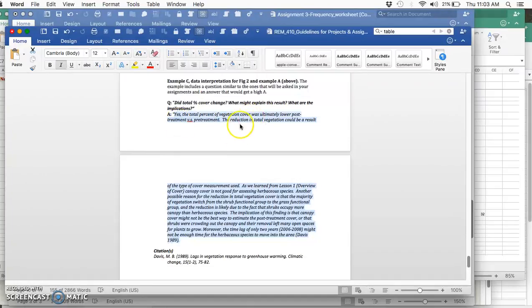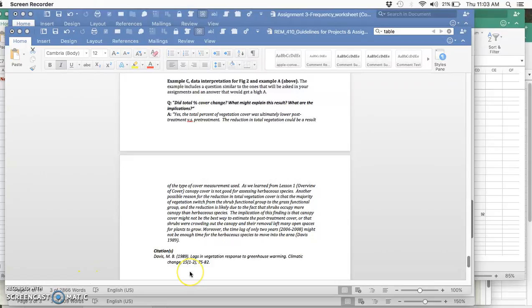It talks about what the results meant, the implications of the findings, and then here is an appropriate format for an in-text citation. You put the author's last name and the year. So that is the way that it's supposed to be done. Of course, we do have some citations that you can gather from the assignment and the assigned readings in SoftChalk.